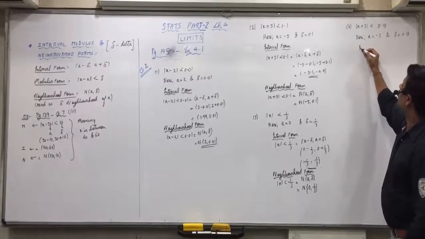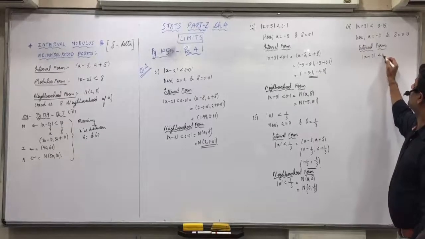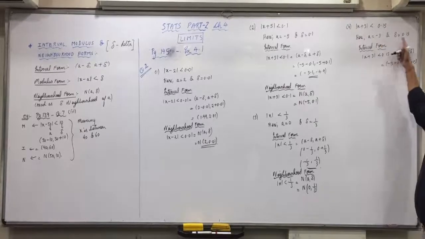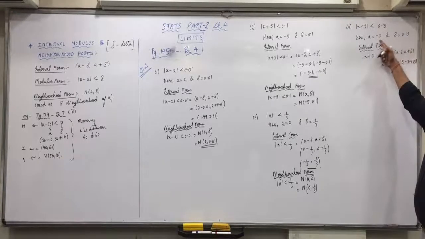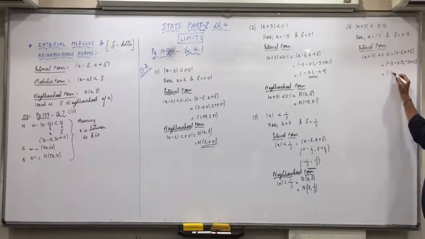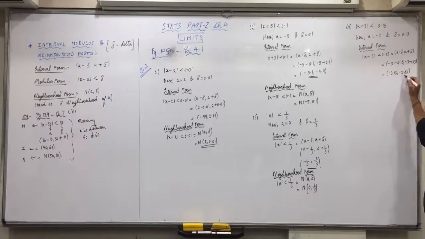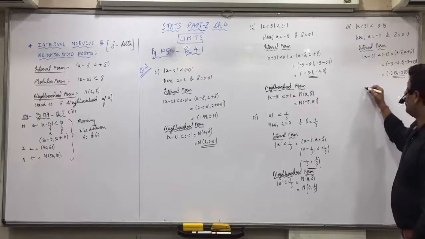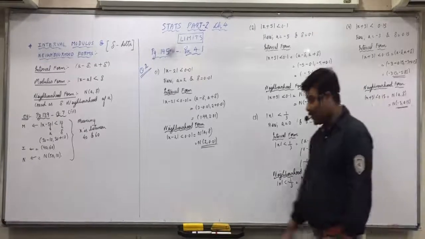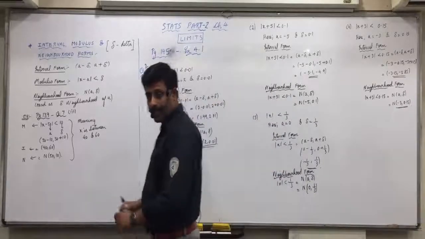Then interval form: a minus delta, minus 3 minus 0.15, a plus delta, minus 3 plus 0.15. Minus 3.15 to minus 2.85. Did everyone understand this? And neighborhood form N(minus 3, 0.15). So everyone is clear with this?